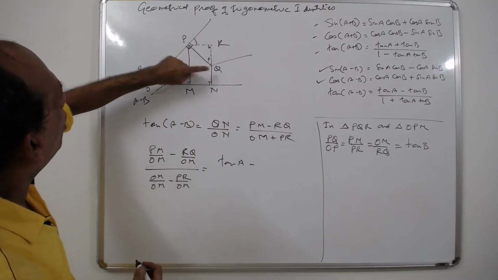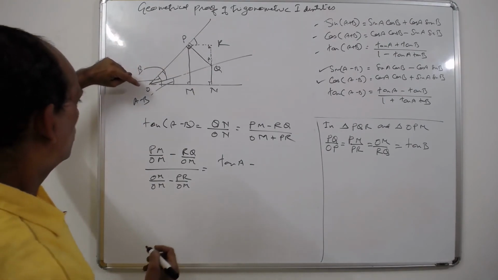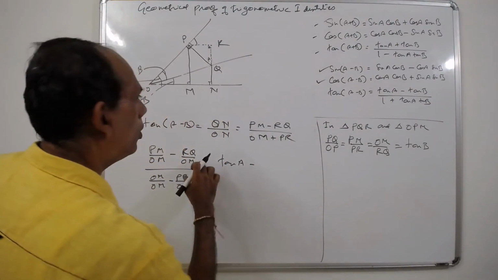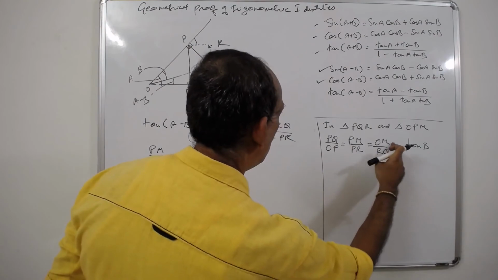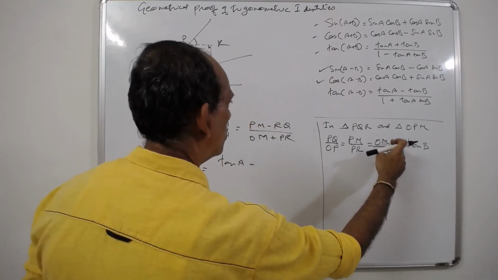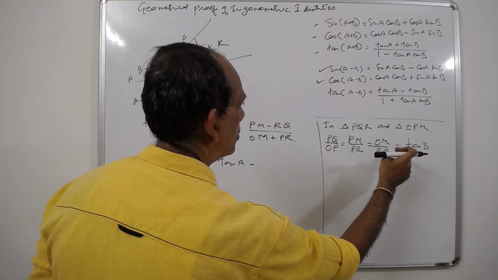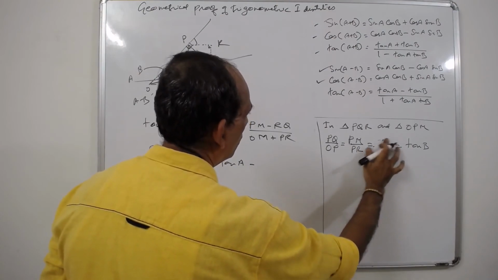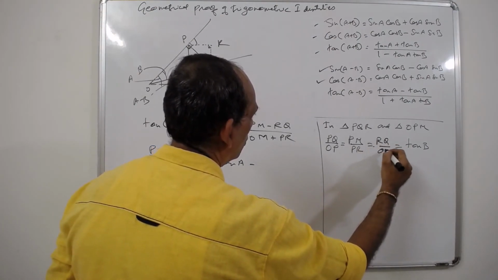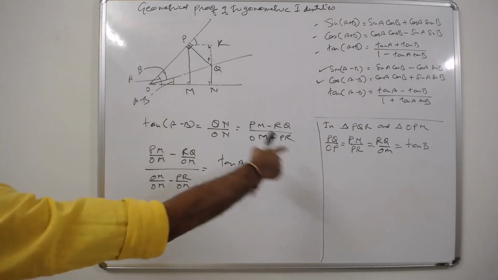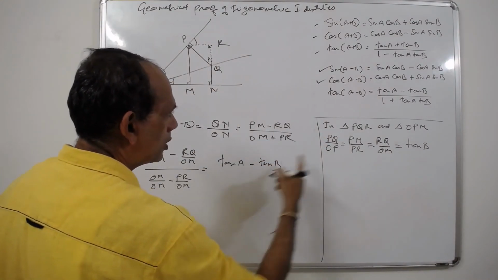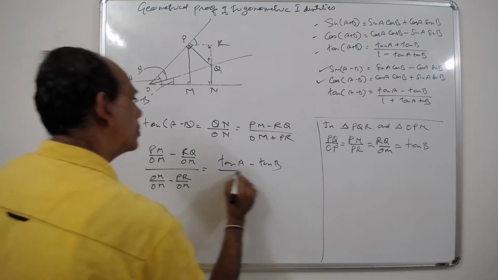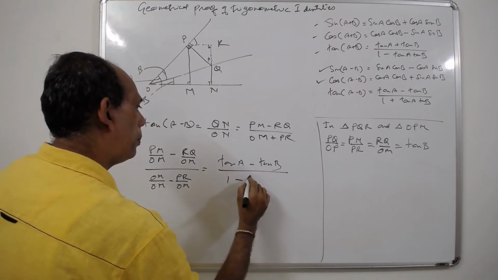Where is that? No, wait, we made a mistake here. This is RQ upon OM, sorry. This is RQ upon OM. So that's nothing but tan B. Just check it. The corresponding sides are RQ upon OM, so that's tan B. Now this is 1 minus PR.